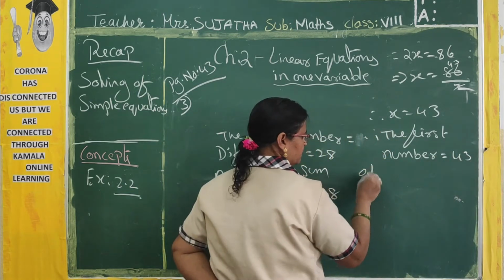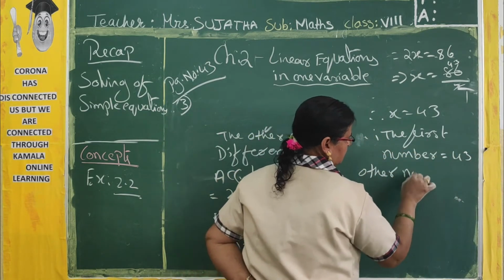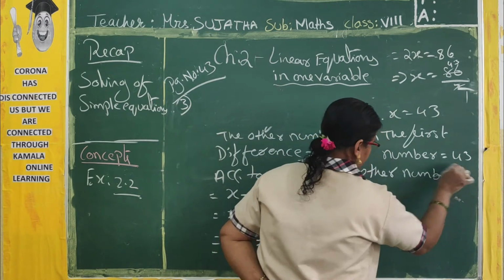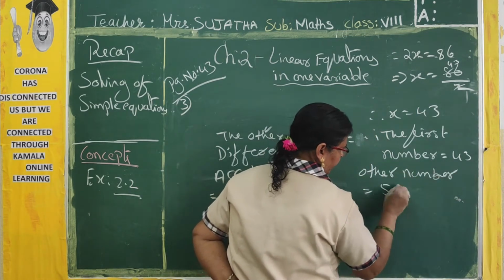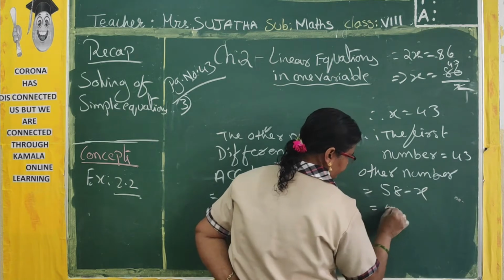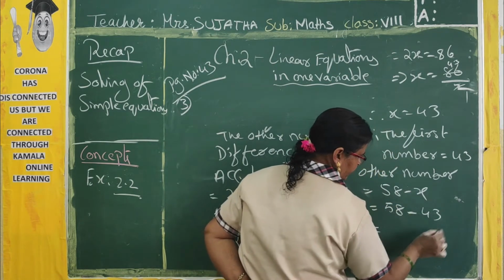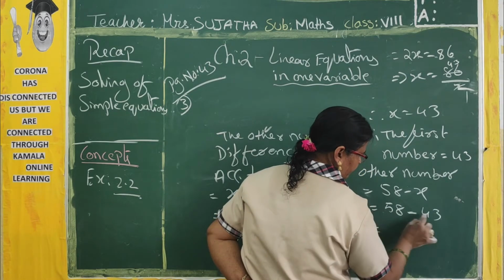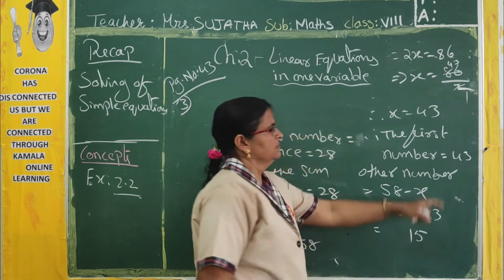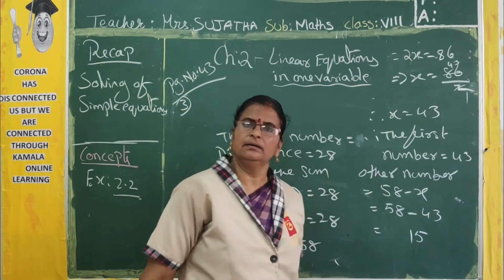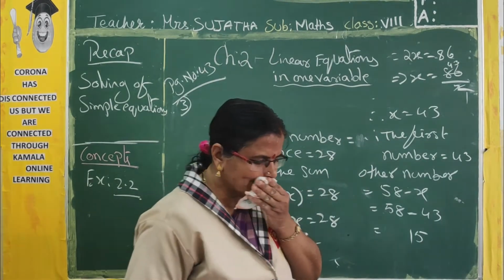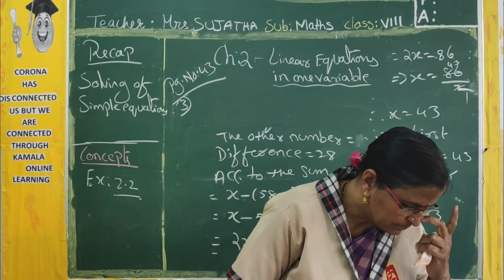What is the other number? The other number is equal to 58 minus x. That is 58 minus 43. How much will we get? 8 minus 3, 5. 5 minus 4, 1. So, 43 and 15 are the two numbers. Understood? Okay. Now, come to the fourth one.